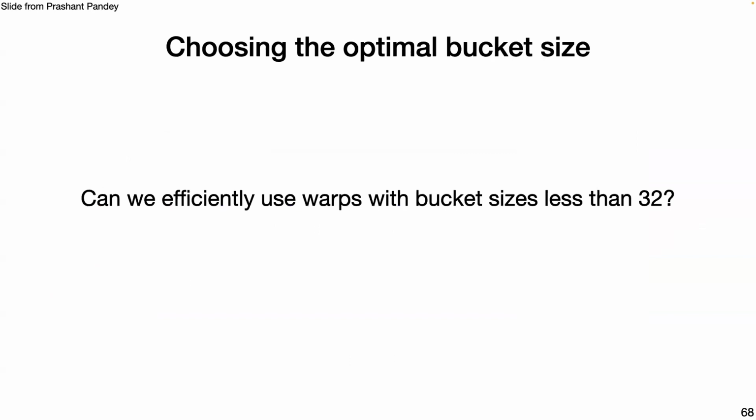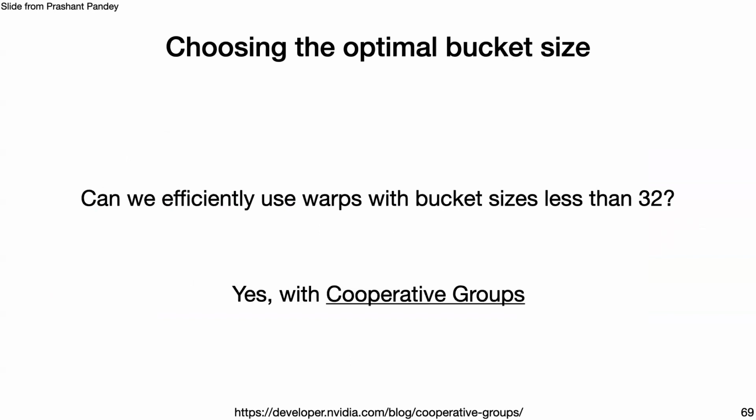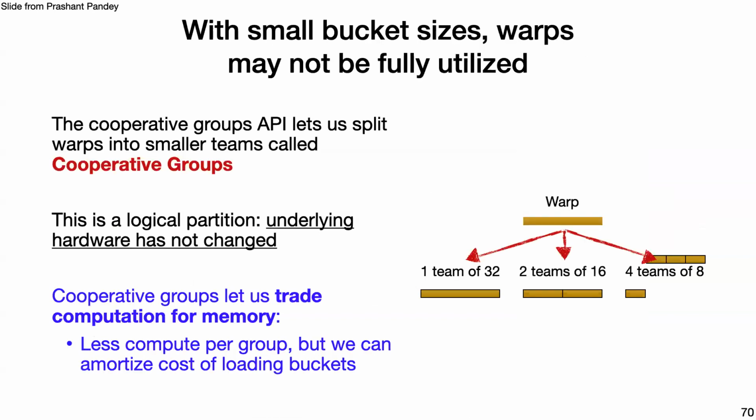Can we efficiently use warps with bucket sizes less than 32? Because we may have some remainder. If our bucket is, for example, size 48, then we don't want to waste half the warp. In this paper, they use something called cooperative groups, which were recently introduced by NVIDIA. Cooperative groups are an API that NVIDIA exposes that lets you split warps into smaller teams.